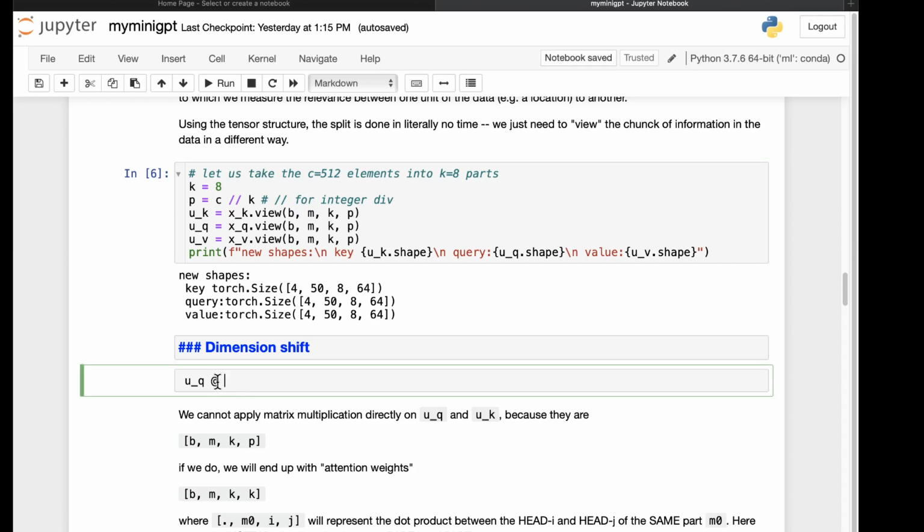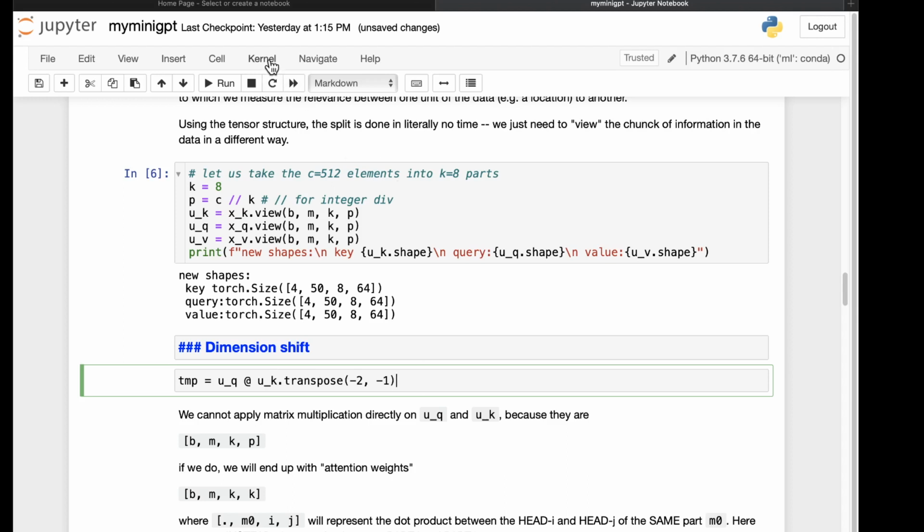So we take this matrix multiplication operator, and we let it operate on the k, and we take the transpose of the last 2 dimensions, -2 and -1. Okay, let's just call that temp and see what we'll have.